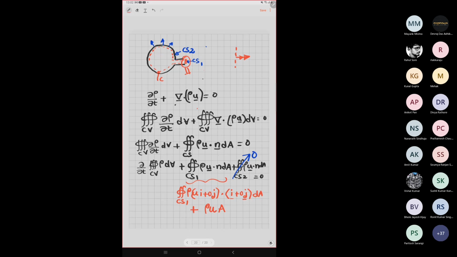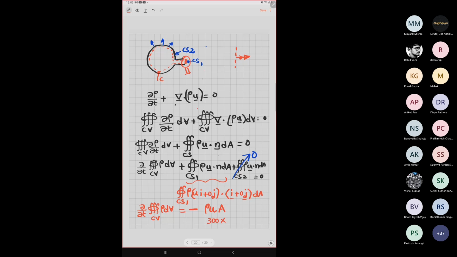This is plus del by del t of the volume integral of rho dV in the control volume. This entire thing is supposed to be 0. That indicates this has to be brought to this side with a minus sign. Naturally, the minus sign comes into the picture. So what is the velocity with which it is going out? 300 meters per second.